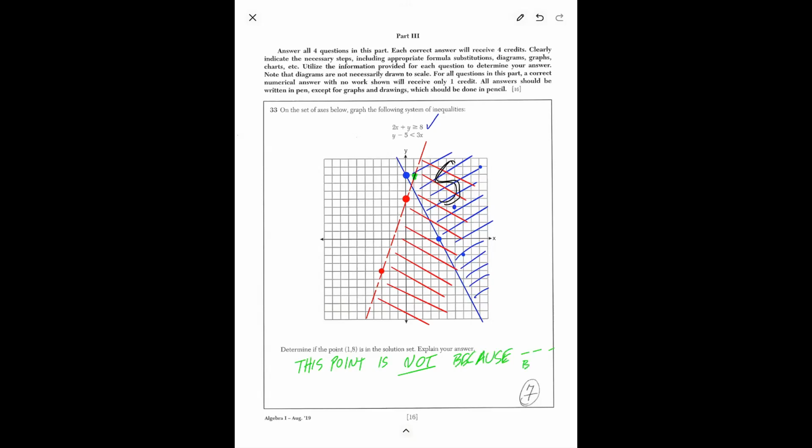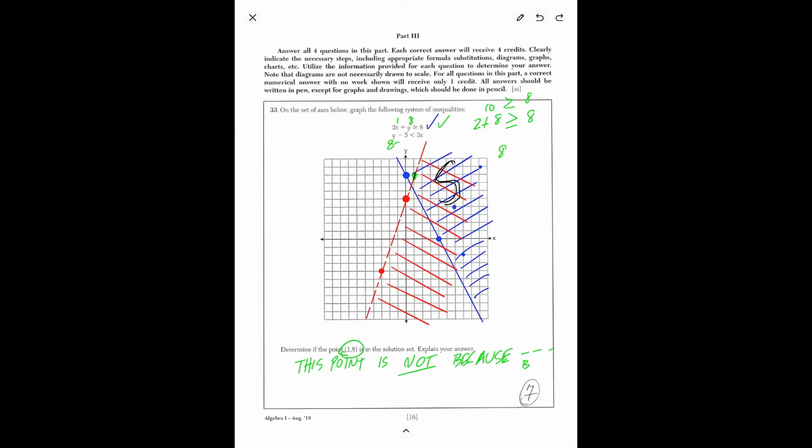Another way that you can explain it: if you plug in 1 for x and 8 for y, so 2 times 1 is 2, 2 plus 8. This one is true. 10 is greater than 8. Okay, so this one would be okay, but when I substitute in the values for the next one, I get 8 minus... actually, that's not right.